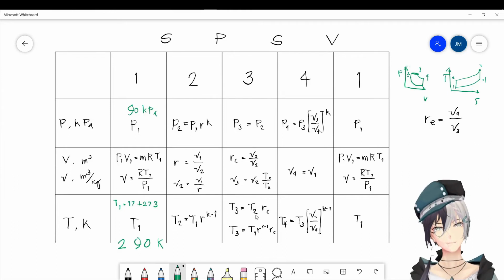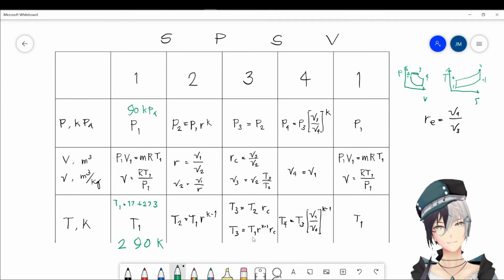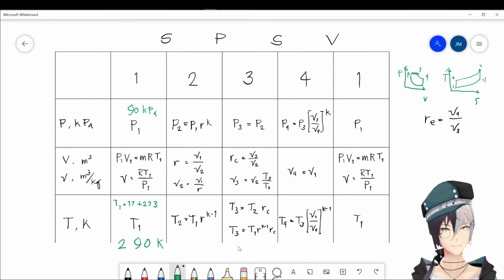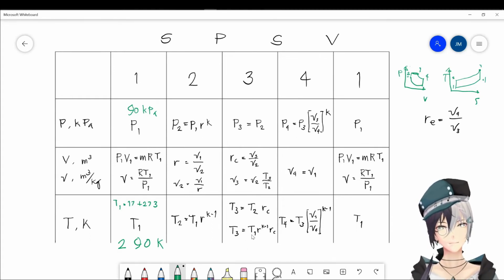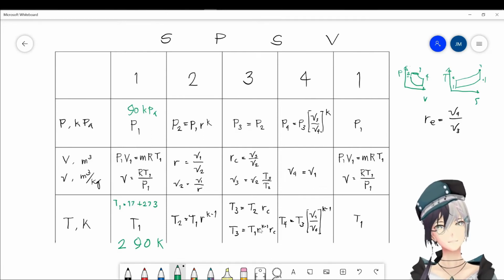Substituting temperature 2, we now express temperature 3 in terms of r and r sub c multiplied by temperature 1. This is a direct substitution. You are given 290, then r, the compression ratio, we are given as 20.